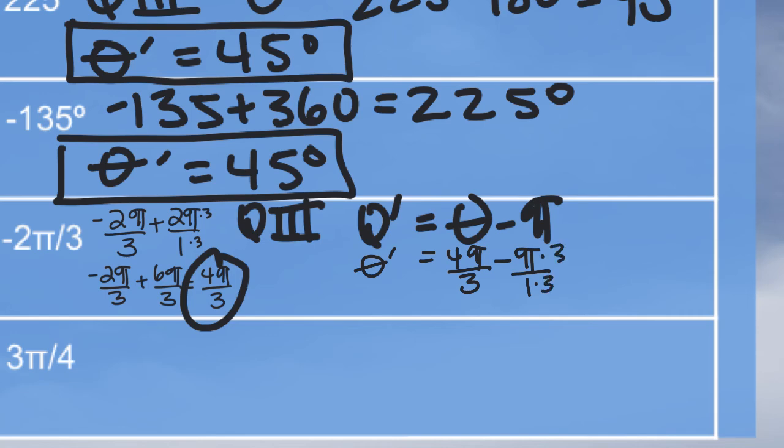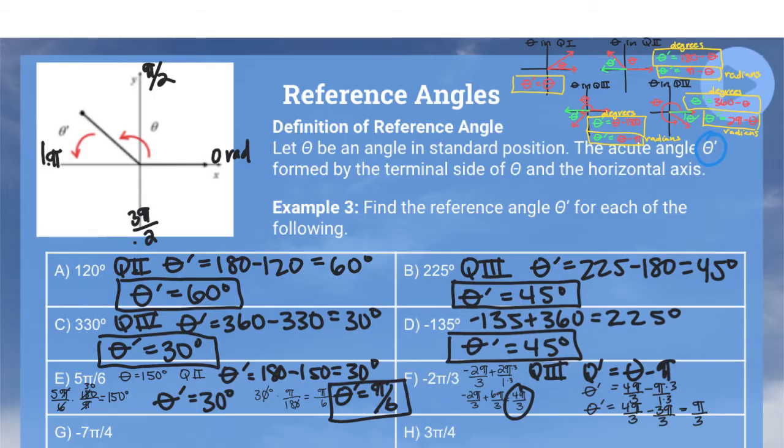We'd have to get a common denominator to subtract those. 4 pi over 3 minus 3 pi over 3. 4 minus 3 is 1, so that'd be pi over 3. So theta prime equals pi over 3. And that saved us having to convert and then convert back. And we can try to do g the same way.